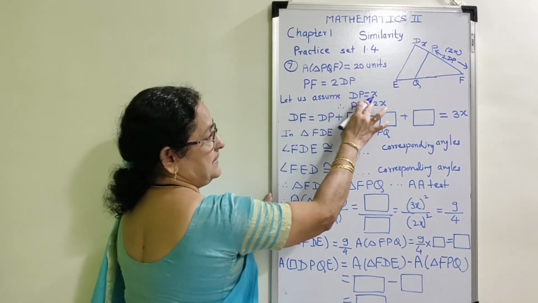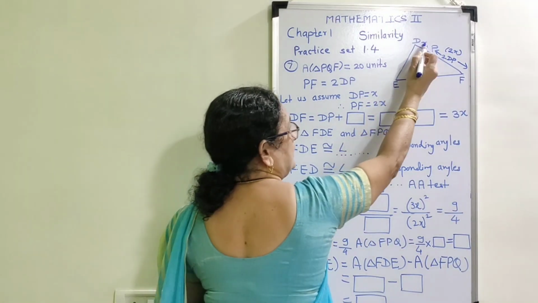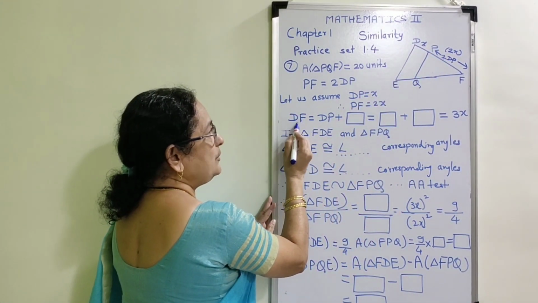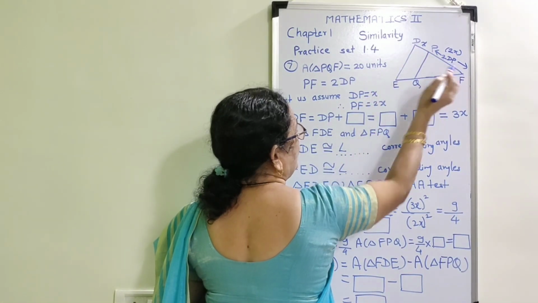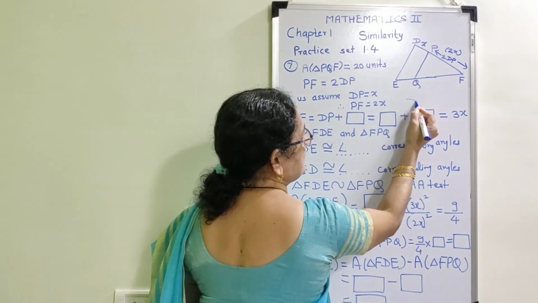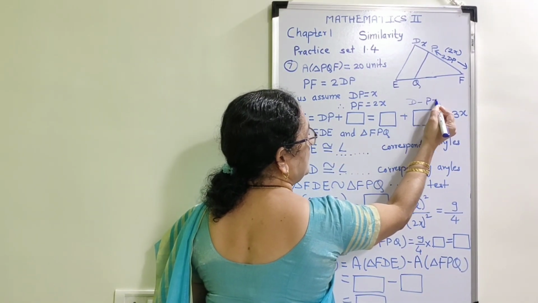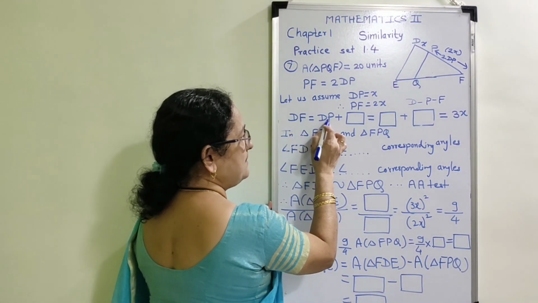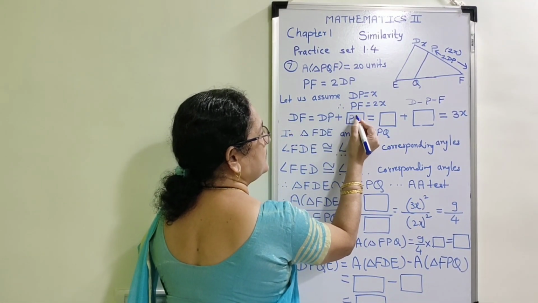Now we are going to complete the entire example. Let us assume DP is equal to X. We have taken it X and therefore PF is equal to 2X. Here the betweenness is D, P, F, and therefore DF is equal to DP plus PF.